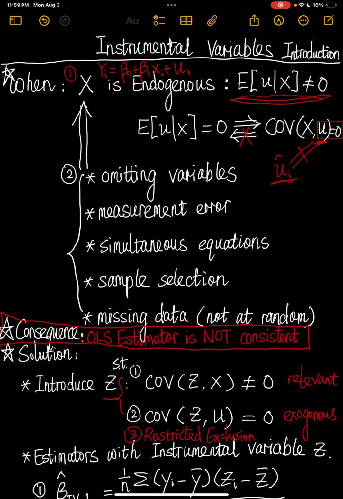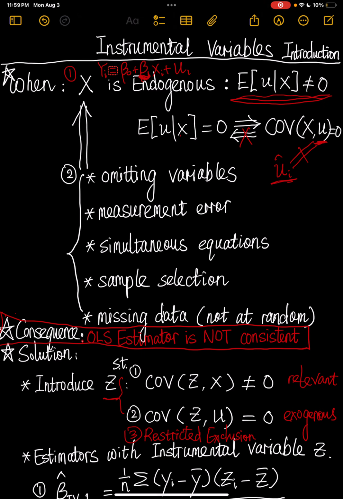After singling that out, we would also like to mention that we cannot directly estimate this original beta 1, because it's not going to be consistent, so it's not going to be a viable estimator under direct OLS.